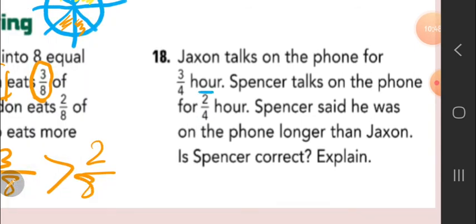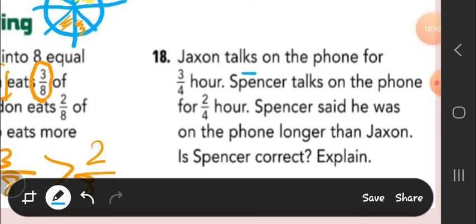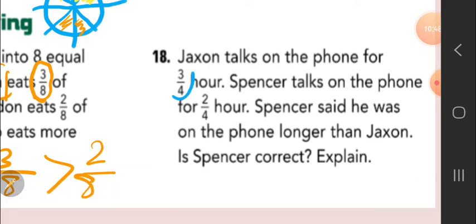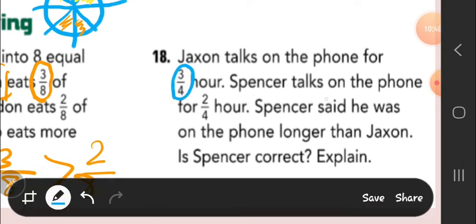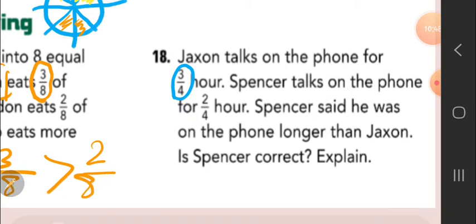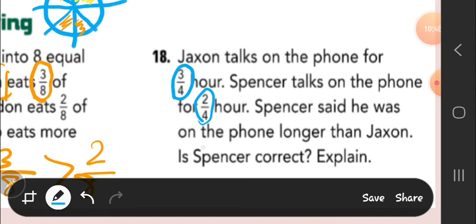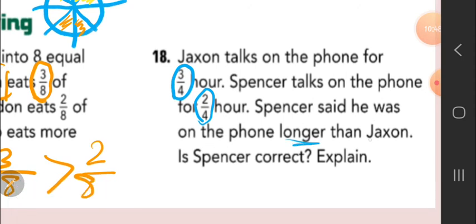Now, Jackson talks on the phone for 3/4. Spencer talks on the phone for 2/4. Spencer said he was on the phone longer than Jackson.